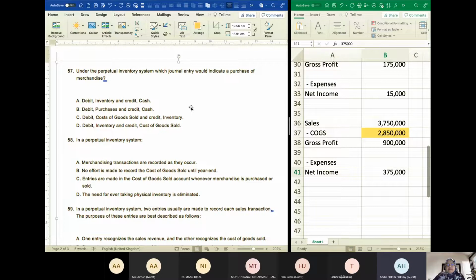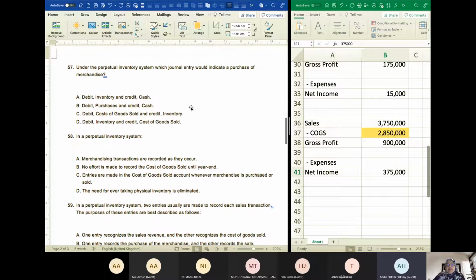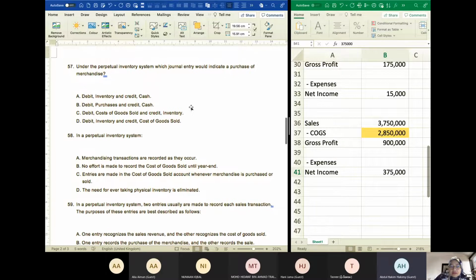D is not the answer, because you debit inventory, credit cost of goods sold.